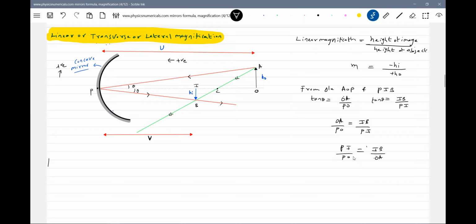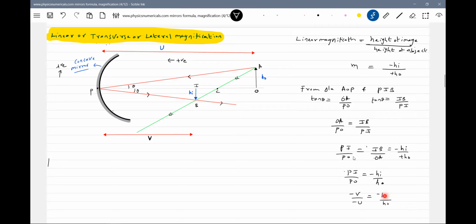What is IB? IB should be equal to minus HI. What is OA? Plus HO. Already I defined it. Then what is PI? PI should be the image distance, minus V. I'll write one more step here. PI is minus V, PO is minus U.